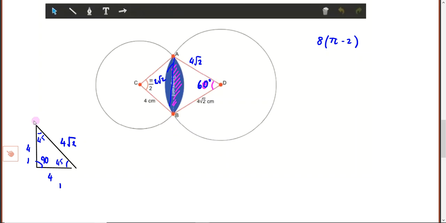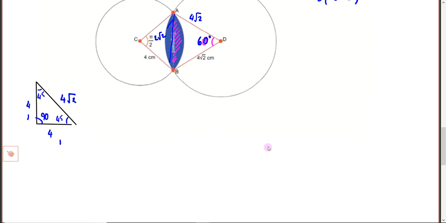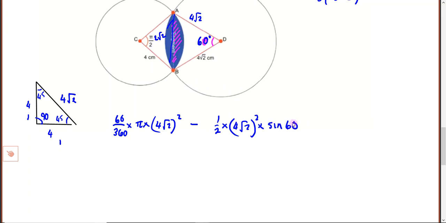Okay. So now we can go through the process that we did before, which was that blue area. We would do the 60 divided by 360 multiplied by pi multiplied by 4 root 2 squared, minus the half multiplied by 4 root 2 squared multiplied by the sine of 60.